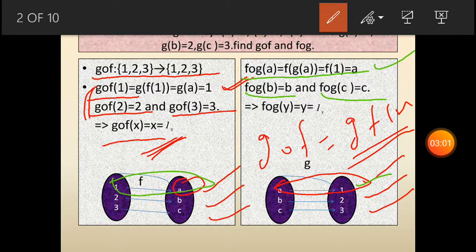So now you can see that fog(y) comes out y. So again it is an identity function on y. So in this particular example, we have calculated gof as well as fog and both come out to be identity functions. Okay. So now you see the definition of invertible function.